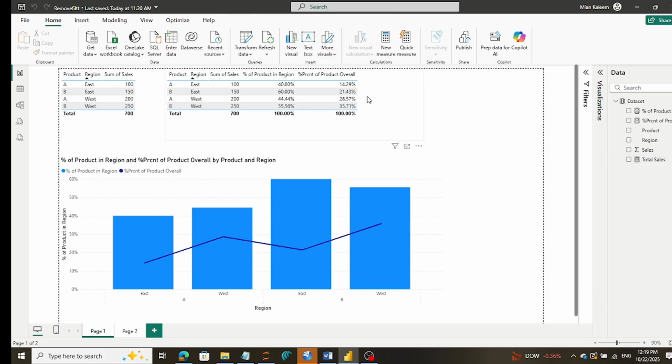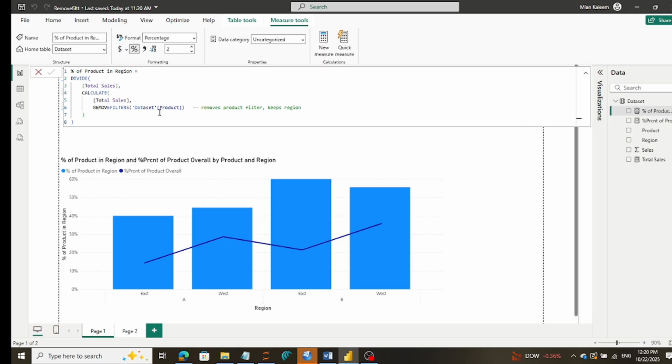For the level one measure, products sold and their percentage to the respective region, for example in the East region, we need to create a measure which will remove the filter.